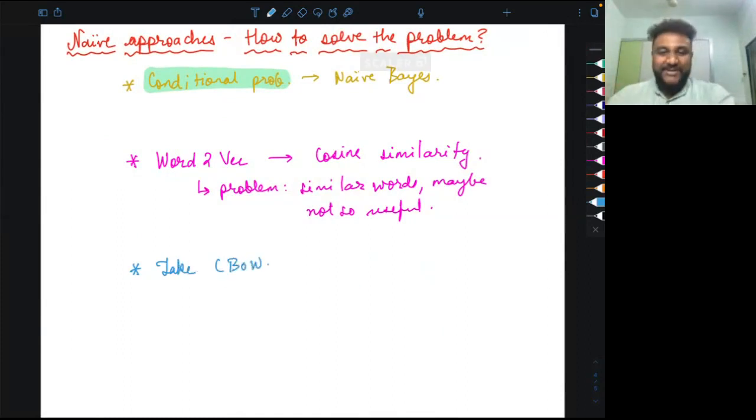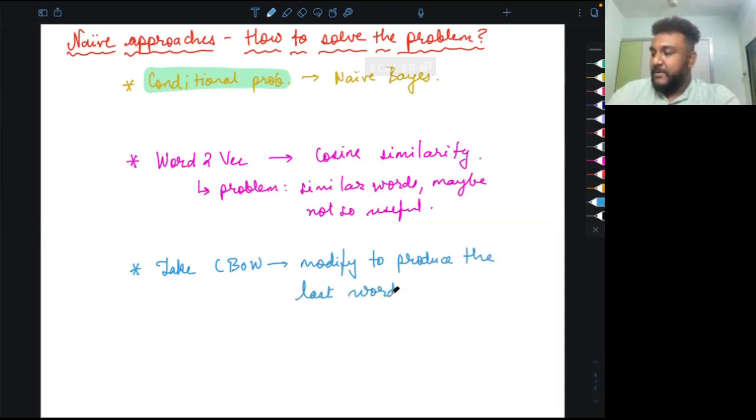I hope you understand what CBOW is, right? CBOW is continuous bag of words, okay? If you take CBOW now and you modify it to produce the last word, we could have a neural network solution.